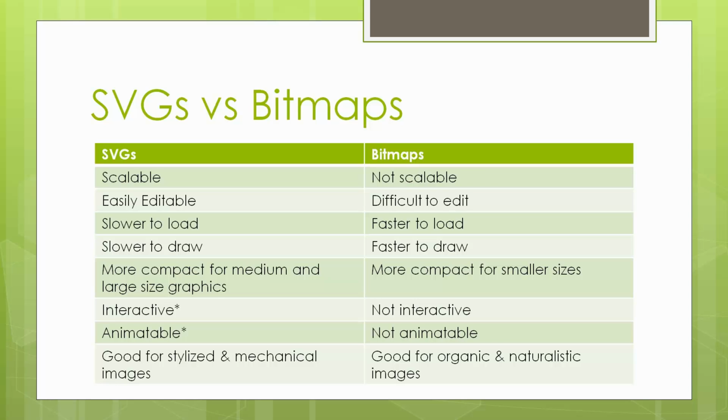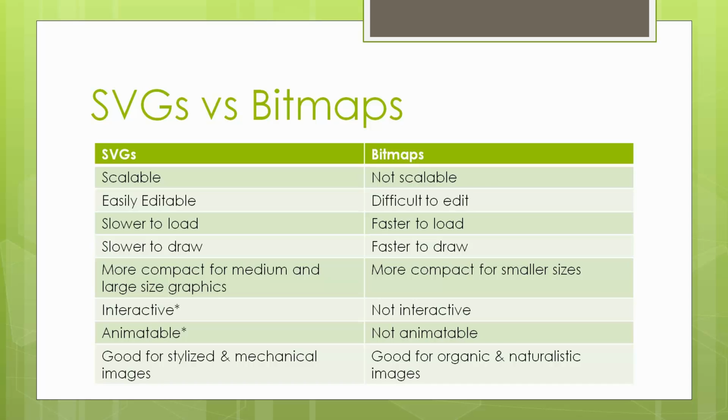The SVG has been optimized to make it as compact as possible, with inheriting properties and things like that. And generally they are much more compact than bitmaps for medium and large size graphics. Though at very small sizes like icons, bitmaps can be smaller.